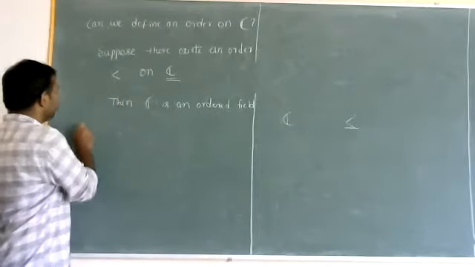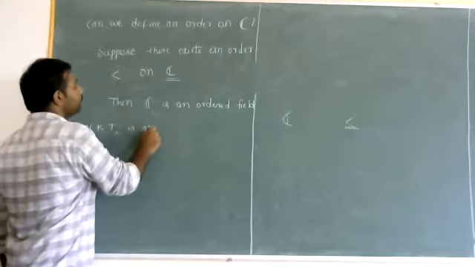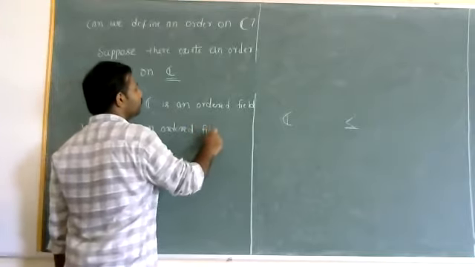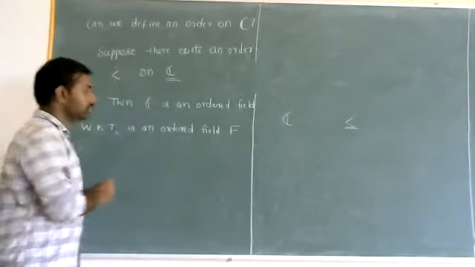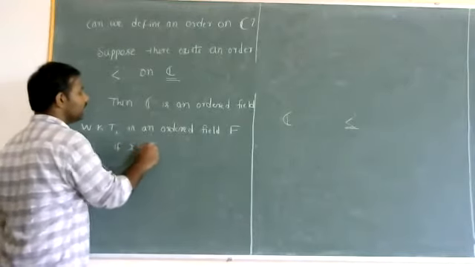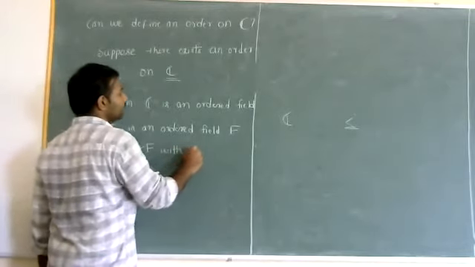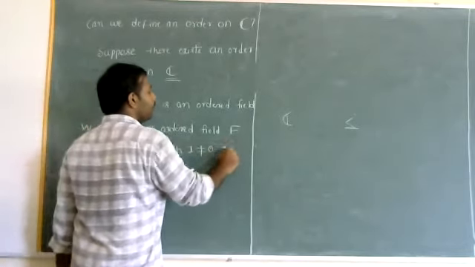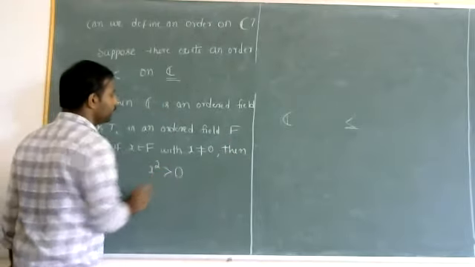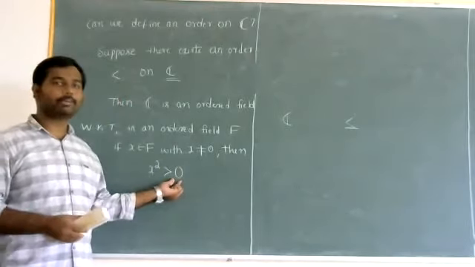Now we know that in an ordered field, say F, if X is a non-zero element of the field F, then the square of X has to be greater than 0. It should be positive.